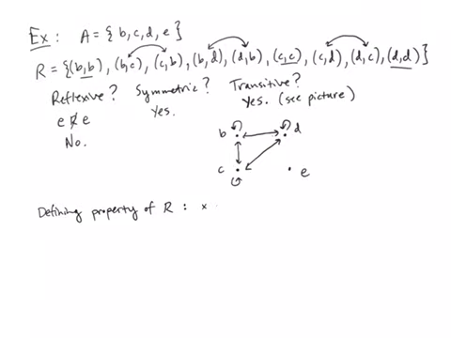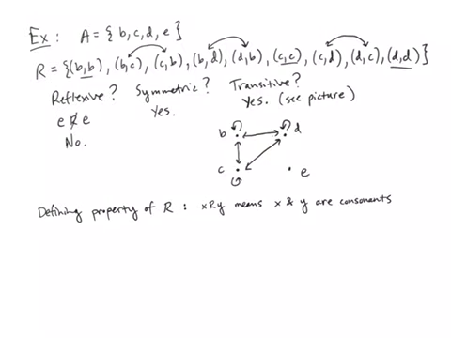X R Y means X and Y are consonants. They're not vowels, so neither of them are vowels.